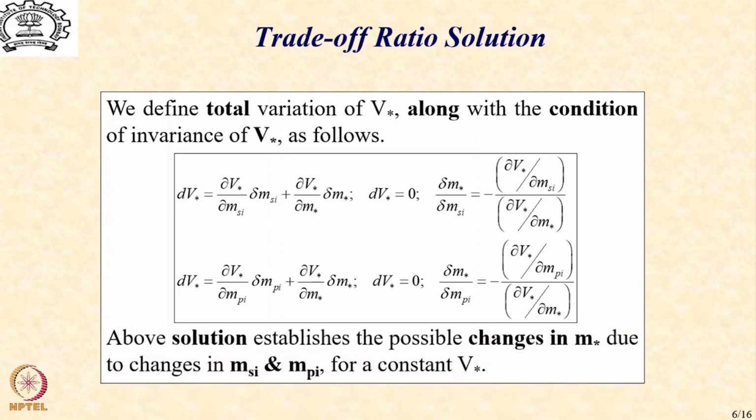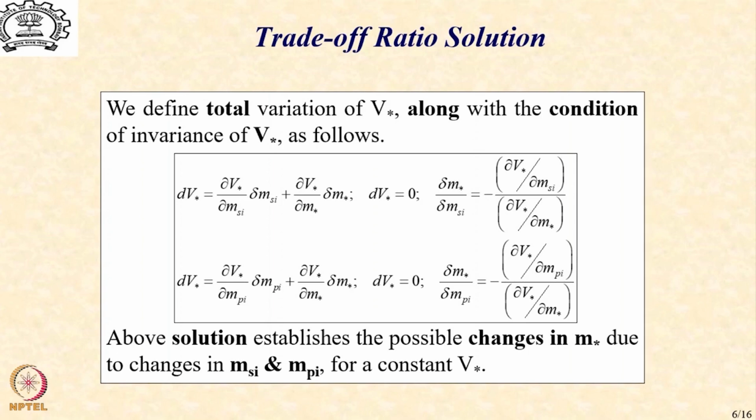The above expression for sensitivity establishes the possible changes in M star due to the change in MSI and MPI, one at a time, for a constant V star.